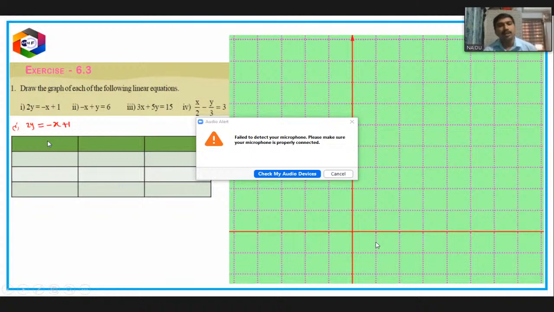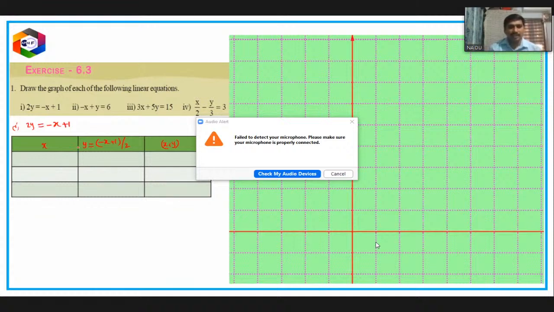Again like yesterday, I am going to take the first one as the x value, the second one the y value. What is the value of y? We know that y is equal to (minus x plus 1) whole divided by 2, and here the point is x comma y. Yes, children, let us try to consider some x value.